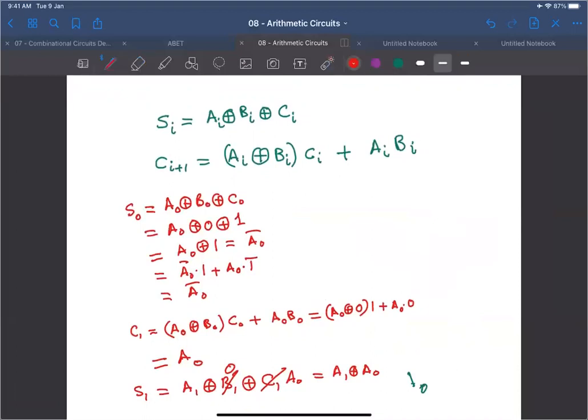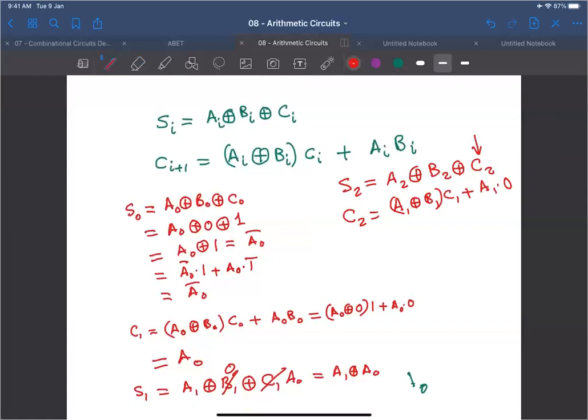Okay, so in order to calculate S2, we need A2 XORed with B2 XORed with C2. But we need this in order to calculate it. And this one here, C2, is going to be A1 XORed with B1, ANDed with C1, ORed with A1 ANDed with 0.